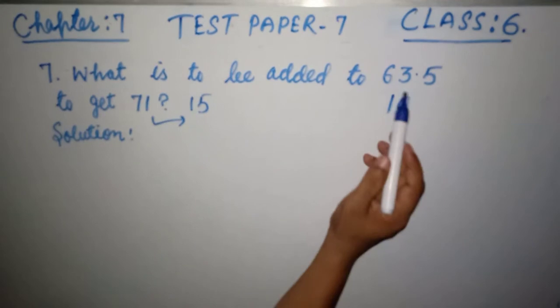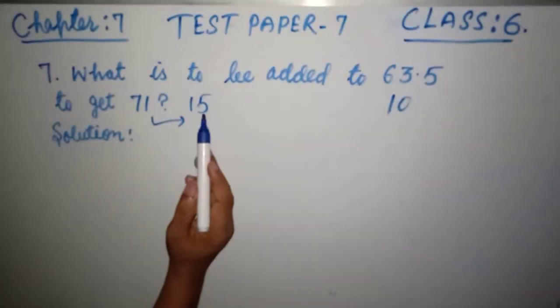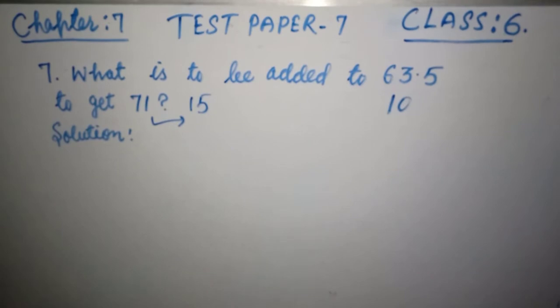If I take 10 in place of 63.5 and 15 in place of 71, then this question will become very easy. Actually it is an easy question anyway, and you can easily reply to it. Very simple. So friends, do not memorize the questions, how to solve them. Always please take care about the concept. Please catch the concept and apply it according to the questions and situations.